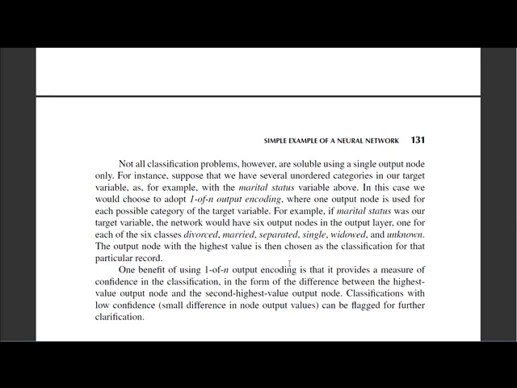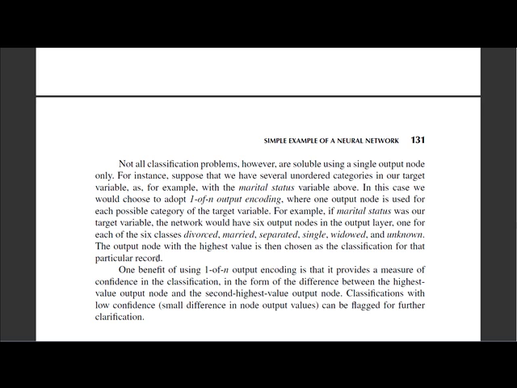In this case we would adopt a 1 of n output encoding, where one output node is used for each possible category of the target variable. So in this case you'd want to have more than one output node. For example, if marital status was our target variable, that is what we're trying to predict, the network would have 6 output nodes. Okay? Because what do we have? 1, 2, 3, 4, 5, 6, one for each of the 6 classes.